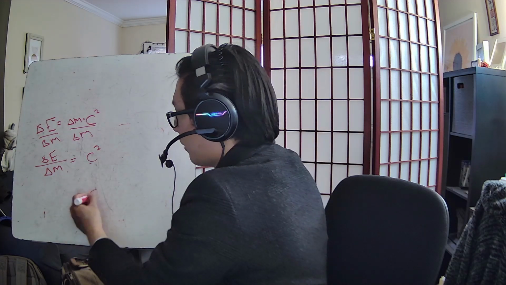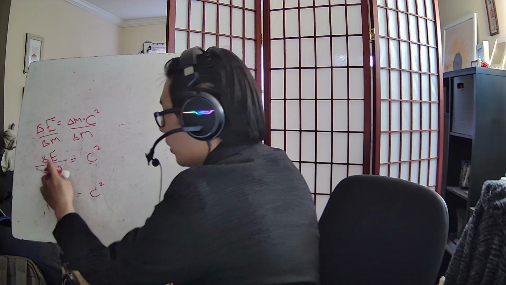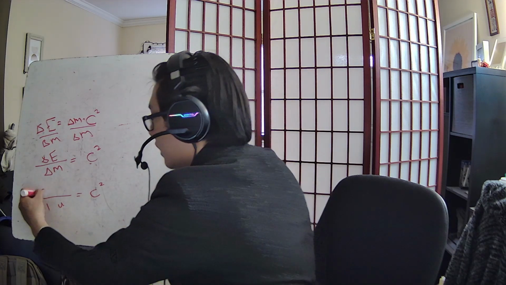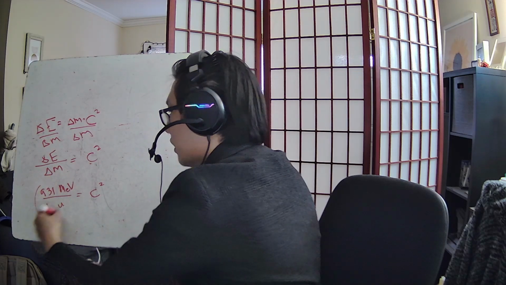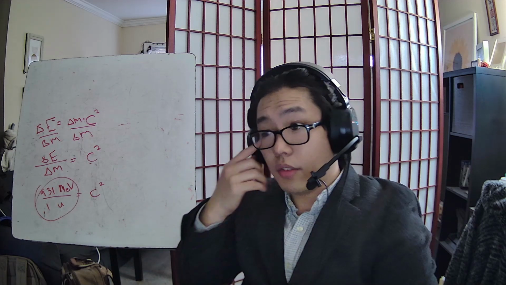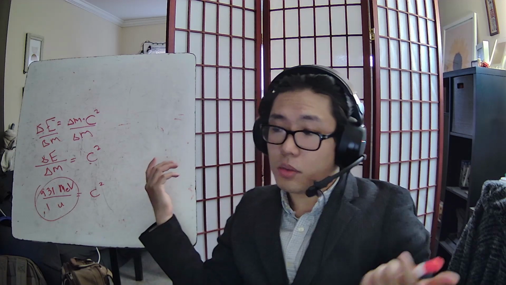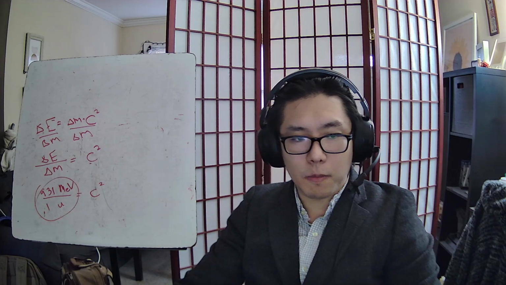And that's where we found out that c squared is actually equal to 931 mega electron volts when we change 1 atomic mass unit. That is how we actually figured out the c squared value. It's not on your equation sheet, but if you'd like to write it there to help you remember, feel free to use it. It's actually pretty helpful.